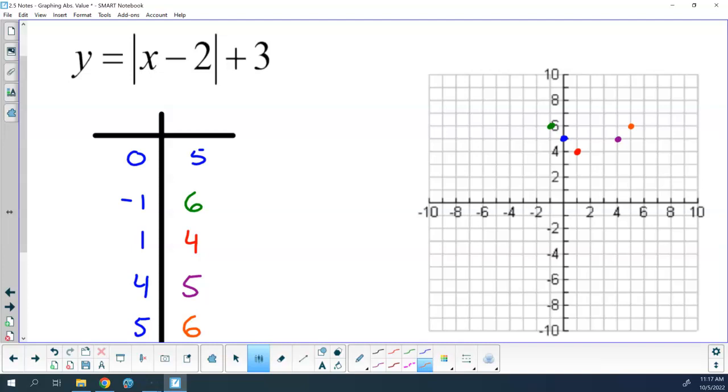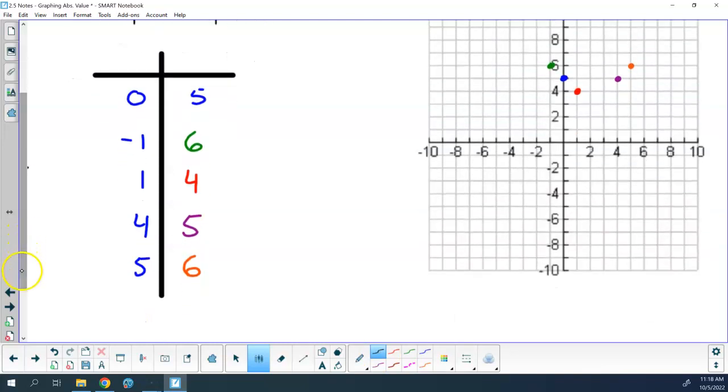We'll go off of color. Are any of those our vertex? No. So we haven't found the vertex yet. Do I know roughly where the vertex is? Where do we think it roughly is? At 2, 3? Okay.